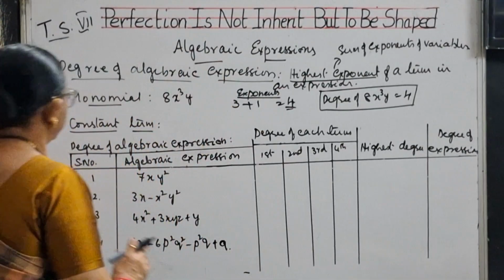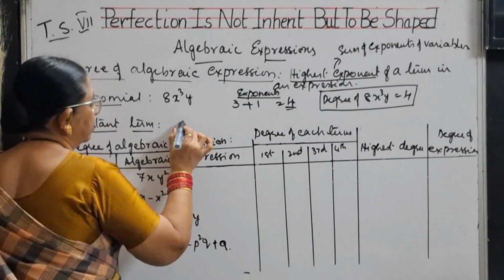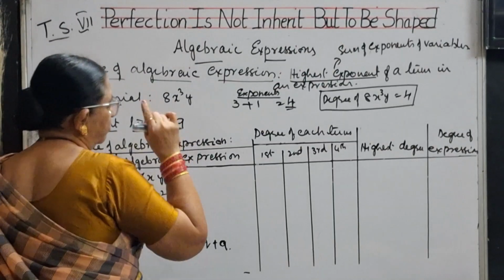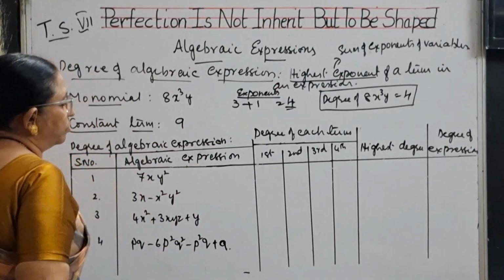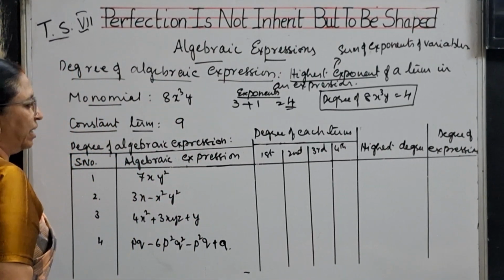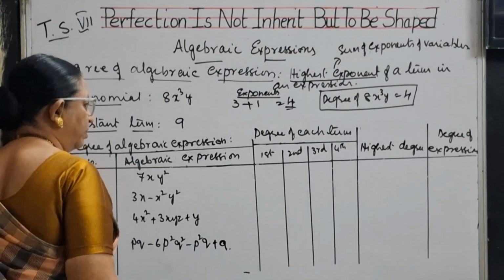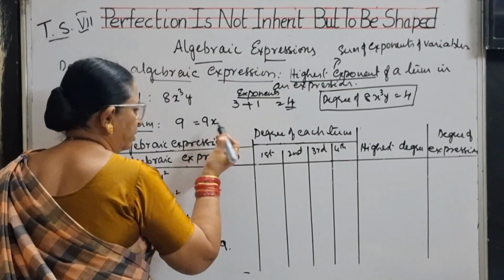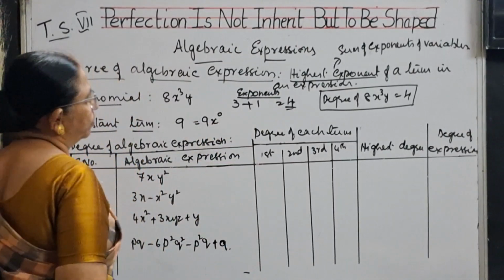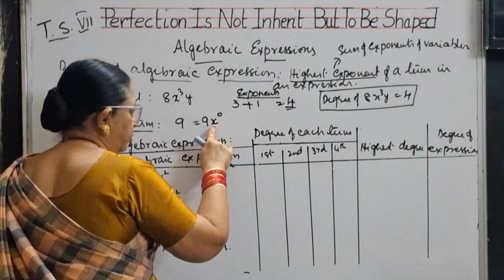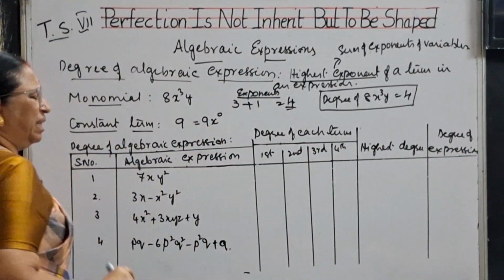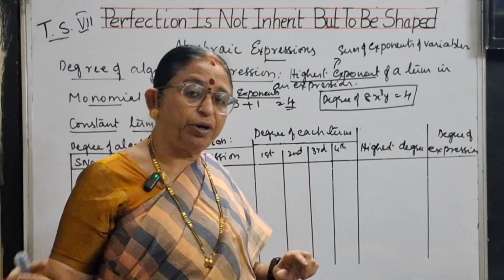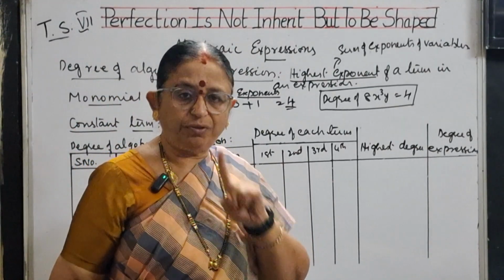Let me talk about constant term. Suppose I have taken 9. This is constant term. We call it a constant term because there is no variable, so its value will not alter. Its value will not change. So actually, the meaning of it is 9 into any variable to the power of 0, because any term, even a big number, with power 0 upon it, power 0 means value is 1.